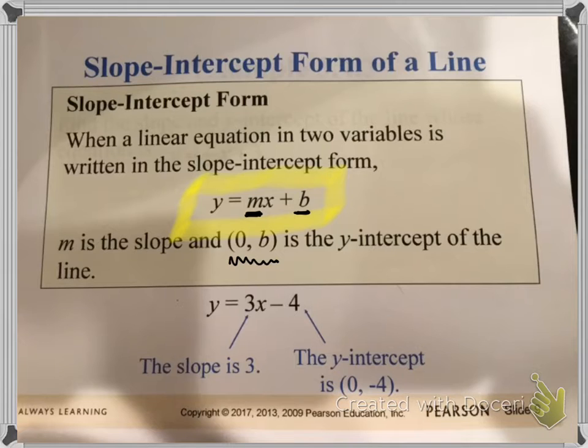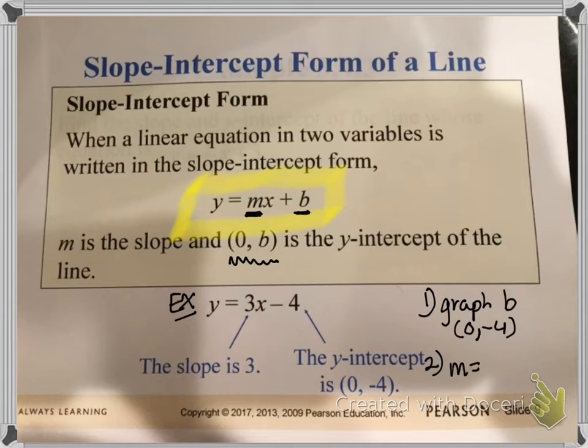All right, so in this example below, we have y equals 3x minus 4. The 3 is the slope, and the negative 4 is the y-intercept. So if I were to graph this, remember the first thing I would do is graph b. So I would graph (0, -4), and then I would use my slope to find the second point.